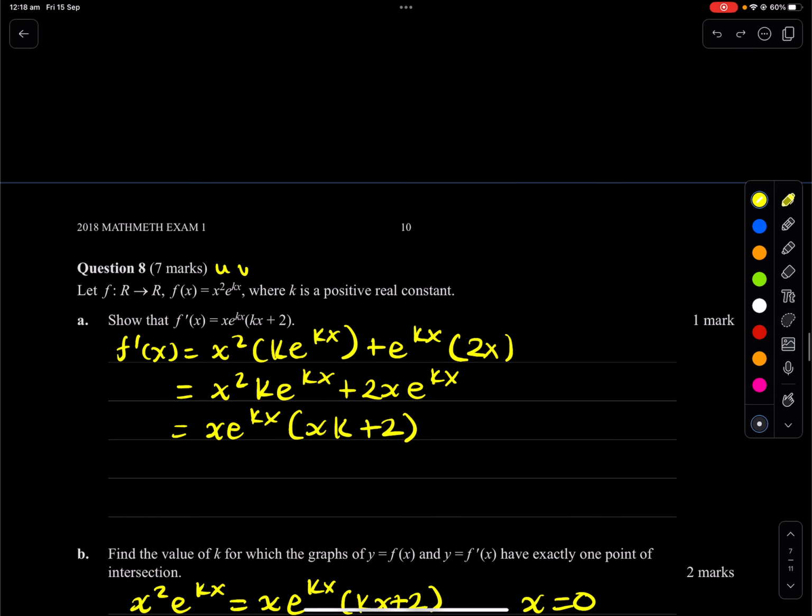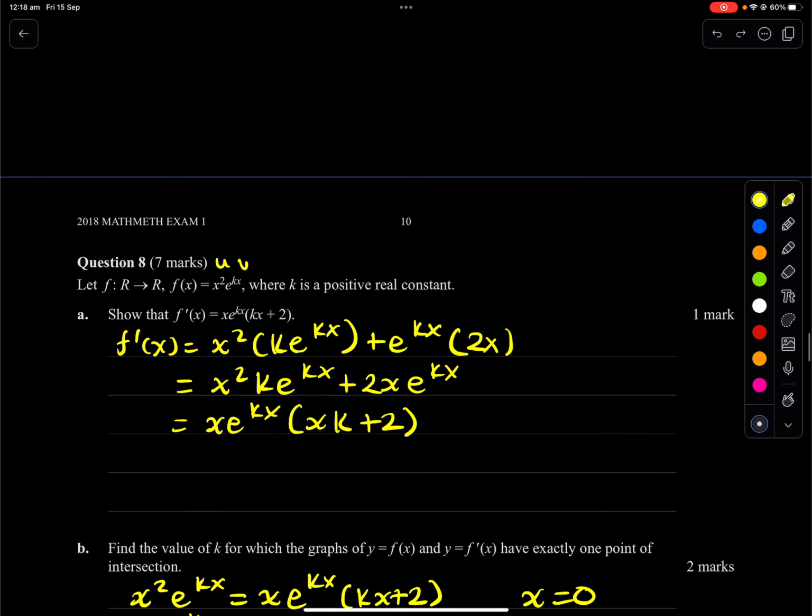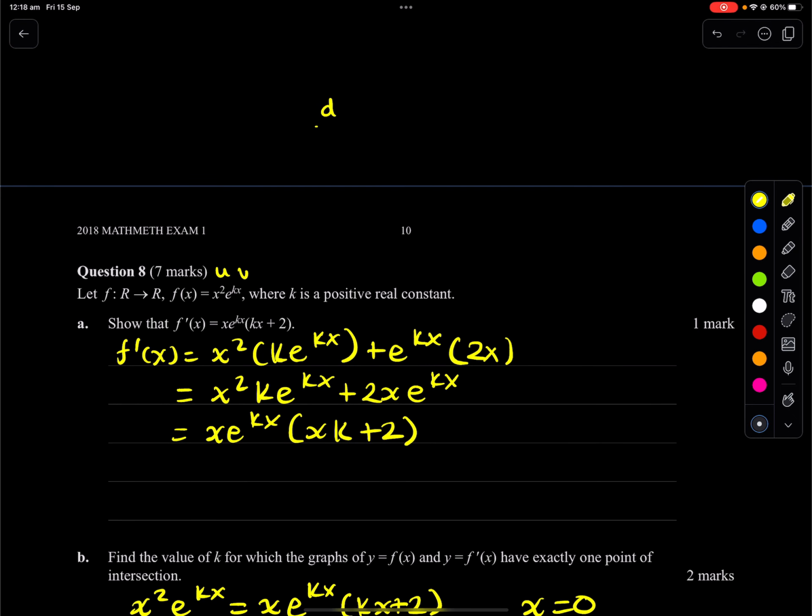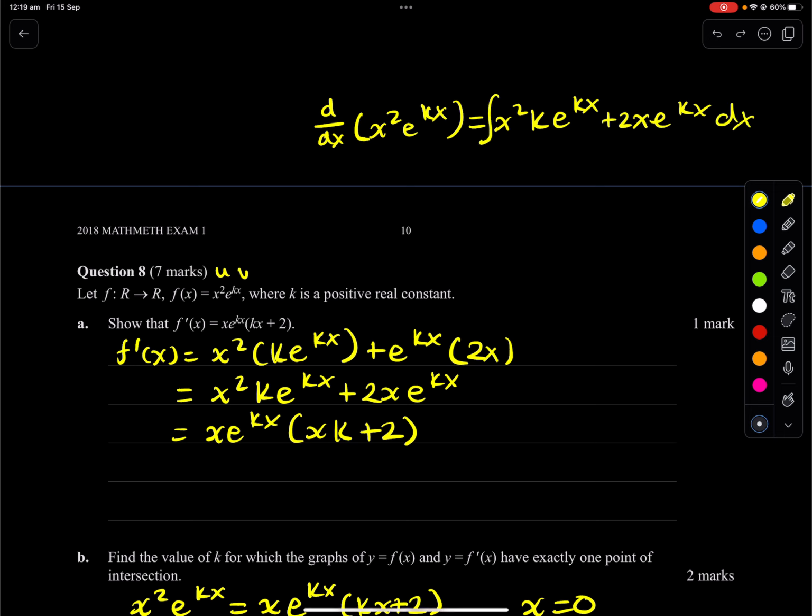So this is an actual way we use integration by recognition, if you don't actually see this. So we can say that d/dx of x squared e^(kx) is equal to x squared k e^(kx) plus 2x e^(kx). So because we want to integrate, this is the expression that we actually have. It's just integrating this, which these cancel out. It just gives us x squared e^(kx). That's your actual integral.